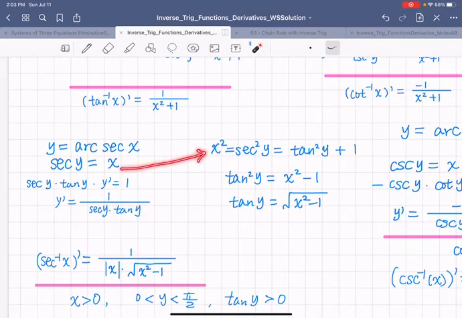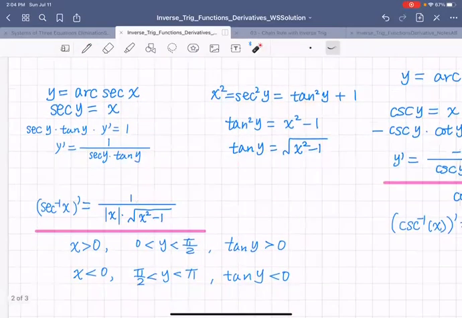You have x squared equals secant squared y. Secant squared y equals tangent squared y plus 1, correct? Yes, Angela. So tangent squared y is going to equal x squared minus 1. So for tangent y, you are going to choose the positive square root.